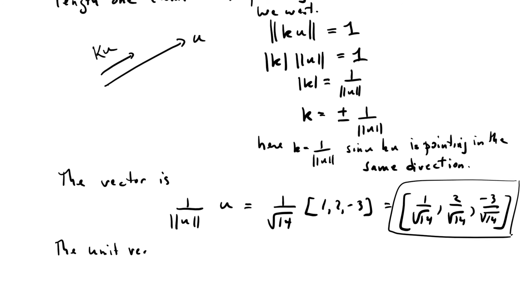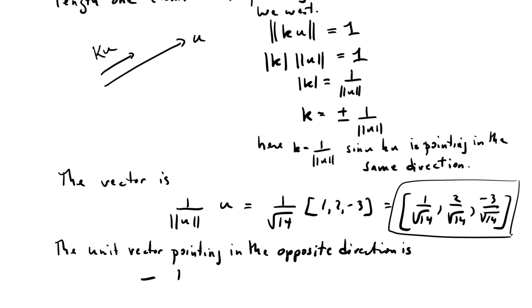So the unit vector pointing in the opposite direction is minus 1 over the norm times u. I'm not going to rewrite everything, but it's going to be the opposite of the previous vector.